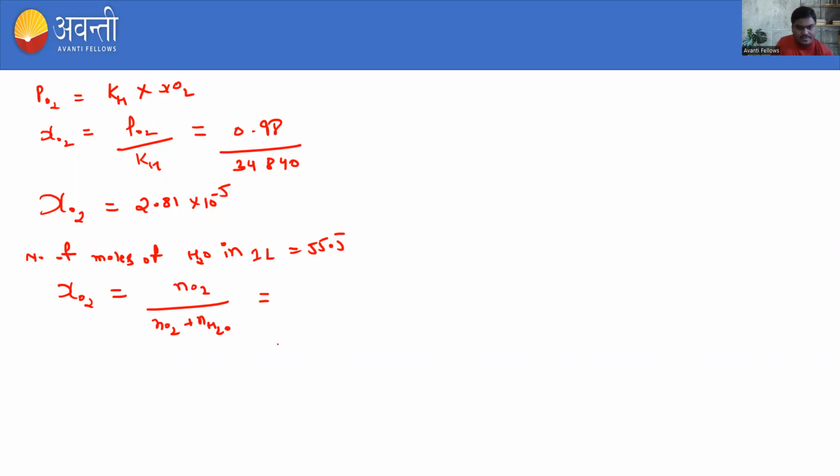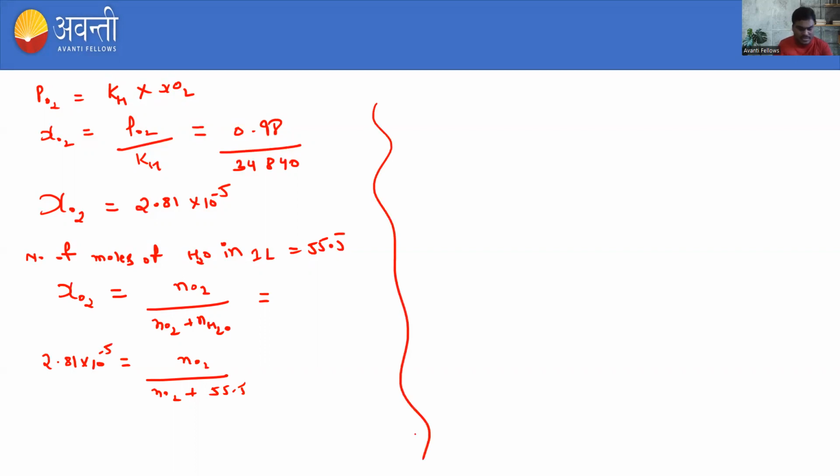On solving, you will get the number of moles of O2 upon the number of moles of O2 plus 55.5, and X of O2 we know now, that is 2.81 into 10 raised to the power minus 5. So from this, you can calculate the number of moles of O2 very easily, right? So it comes out to be 1.56 into 10 raised to the power minus 3 moles. So this is the number of moles of O2.